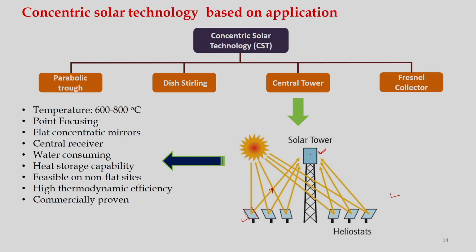We do not need a very flat surface for installation of these heliostats or these mirror systems, and it has got high thermodynamic efficiency because its operating temperature is higher, okay, and it is commercially proven. Already many installations are present across the globe.